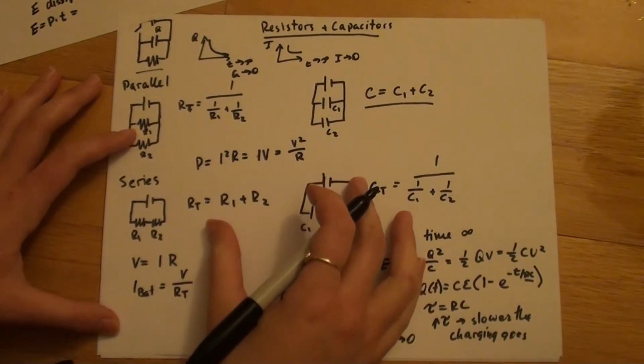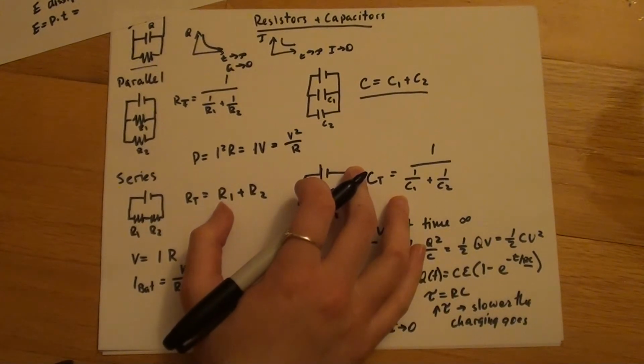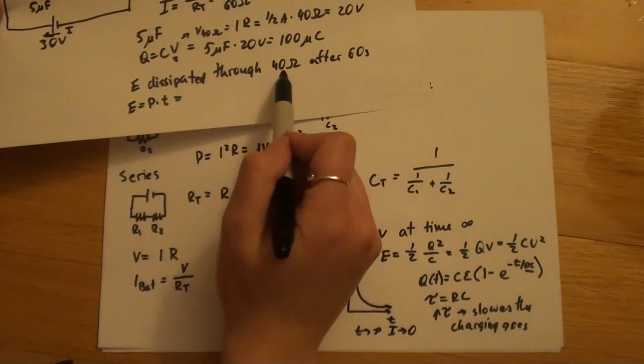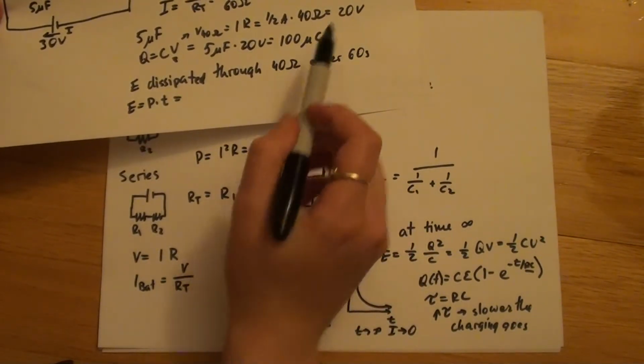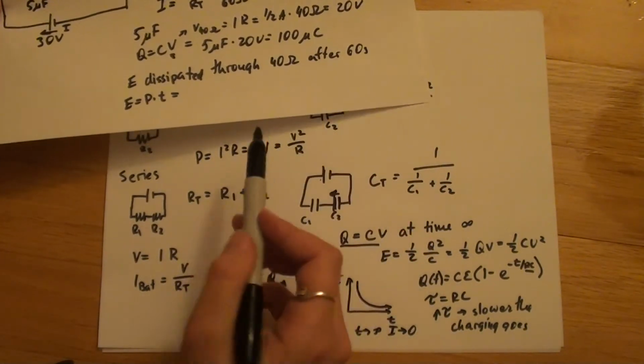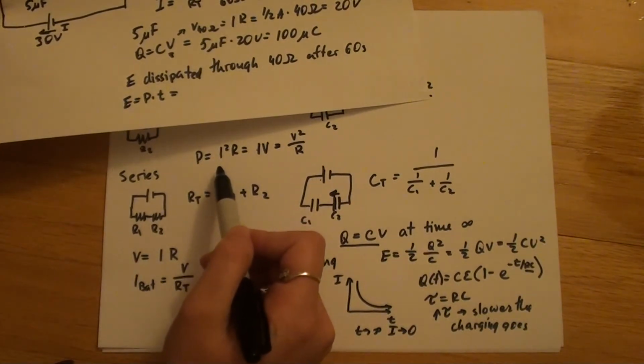Okay. So in this case, we know the resistance, and we know the current. The current will be 1/2 amps. So we can pretty much use this formula over here.